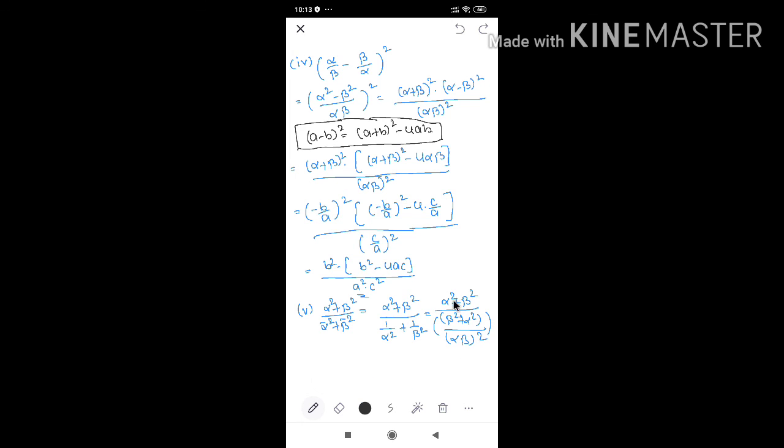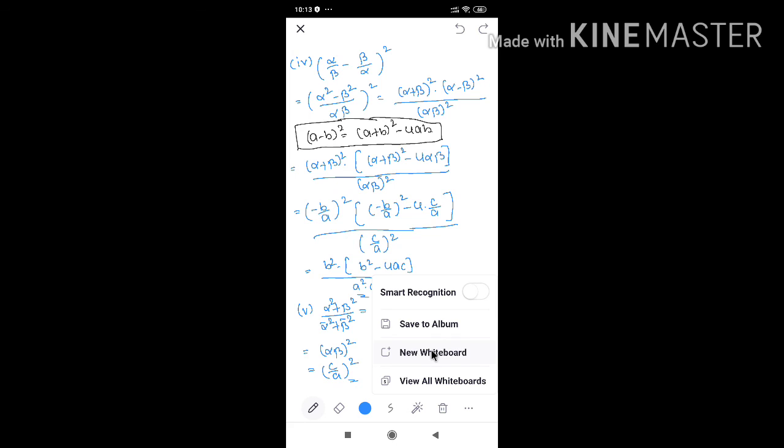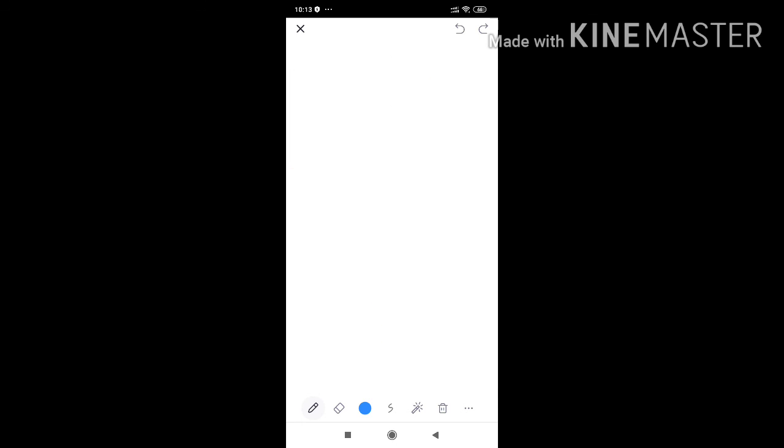So here this function cancels, this function will come to the numerator position. So that is equal to alpha beta whole square. Alpha beta value we know, which is c by a, that whole square. So 5 bits we finished.